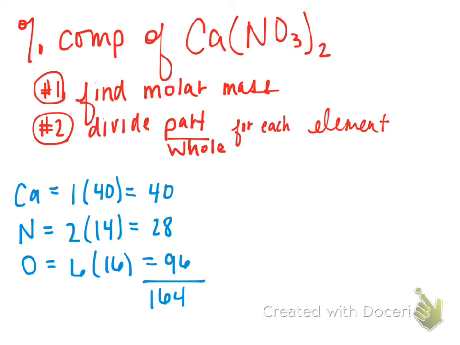So for the ones that have 2 parts of them, we would take the whole amount they contribute to the molar mass divided by. Correct. Good question.